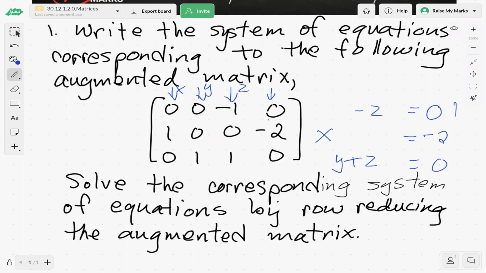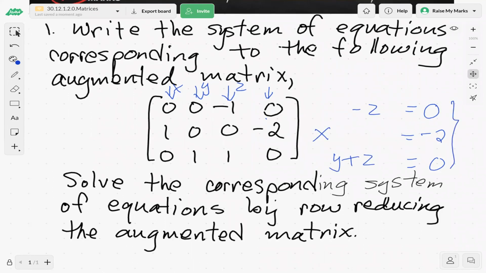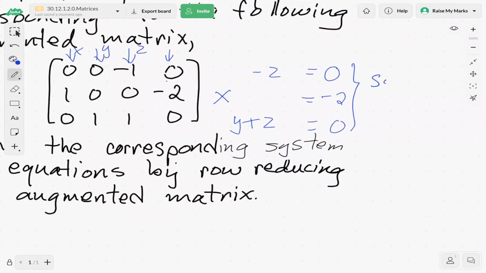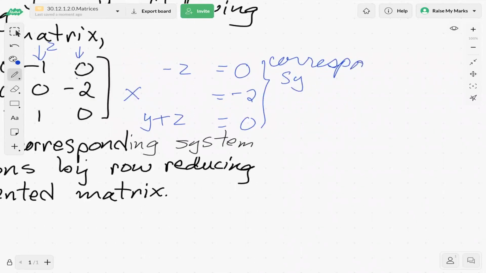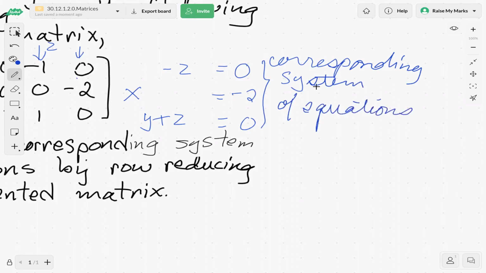So this is our corresponding system of equations. All right.